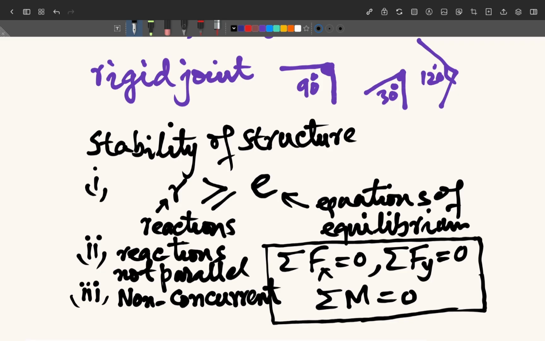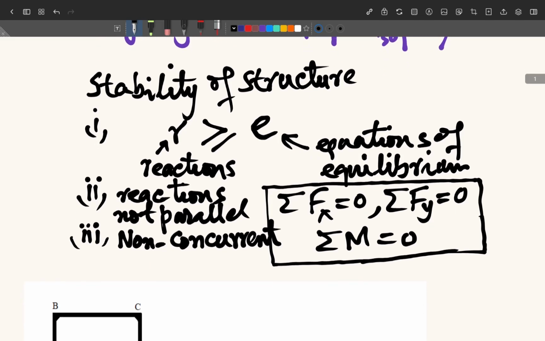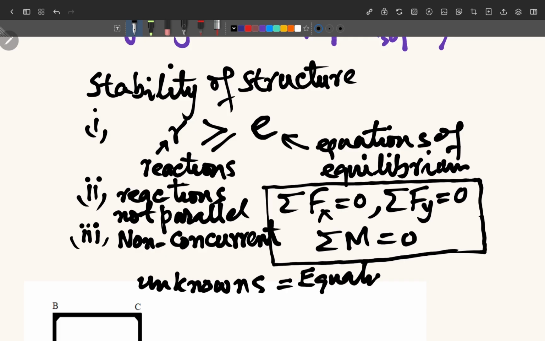In general, we can say that the degree of static indeterminacy will be measured in terms of the reactions, or in general, the total unknowns. If these are equal to the equations available, then we say that this is determinate.